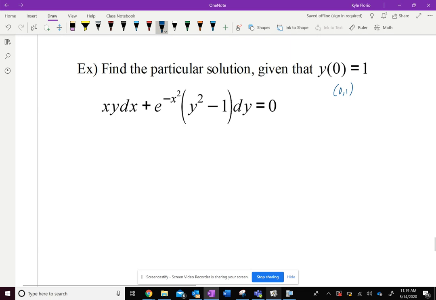Let's separate our variables. I'm going to first rewrite. dy and dx is already done; we have dy dx and it's already separated. I'm just going to bring this term right here to the other side by subtracting it on both sides, so I'll get my dx on the other side. I'm going to do it in red.